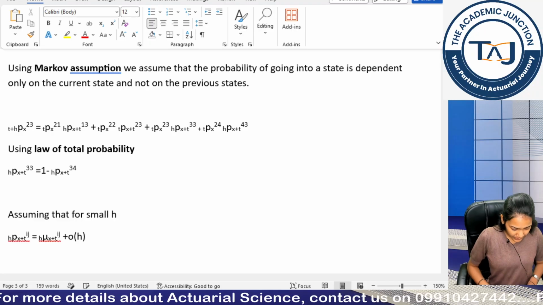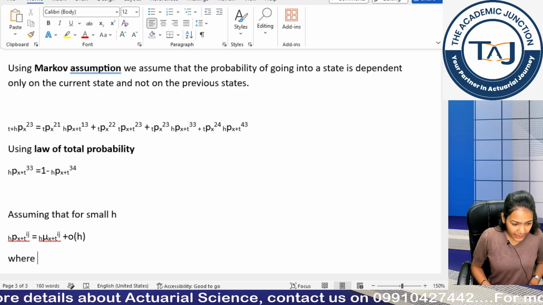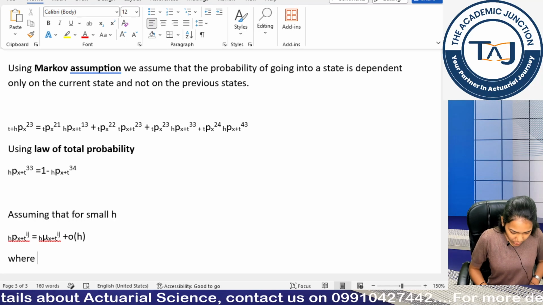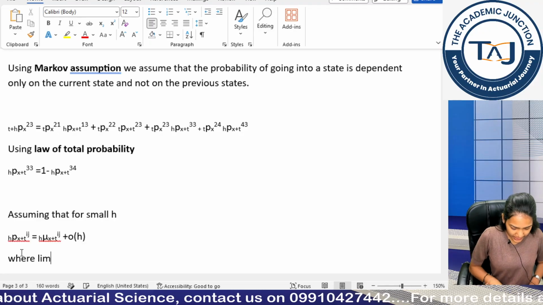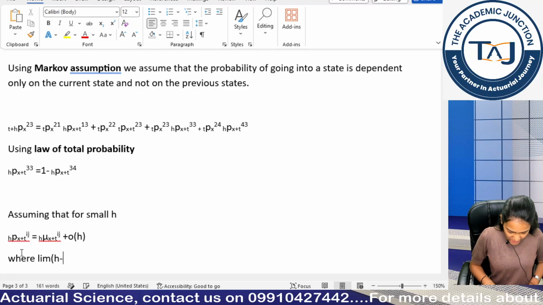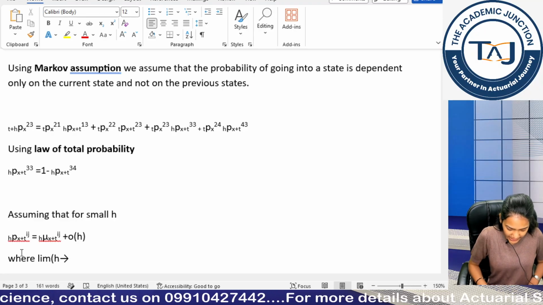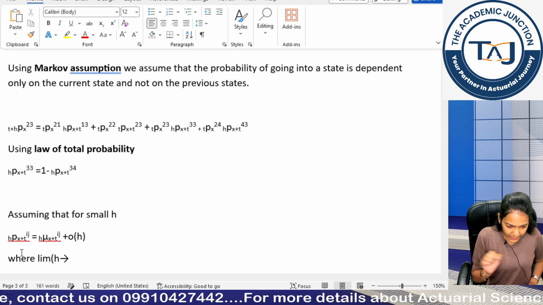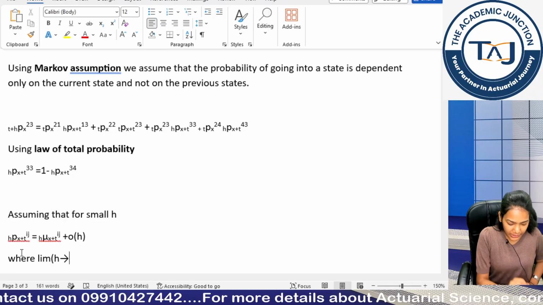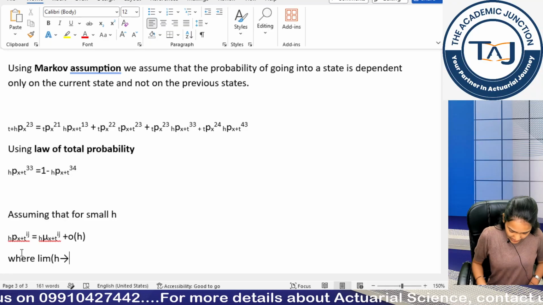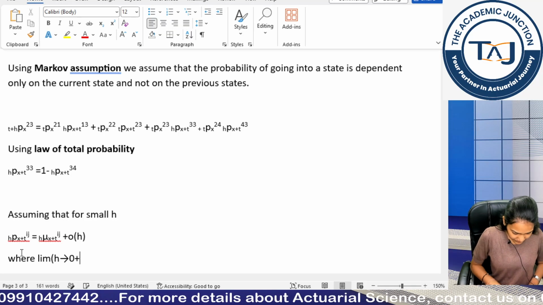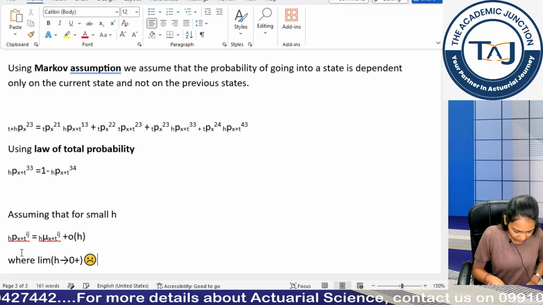Okay? And where my limit is, I'll put limits. Now how to put limits? You have two ways. Either simply write limit h, this is minus and the arrow key, that is greater than sign. Minus greater than sign will simultaneously turn into an arrow. Okay? Then we have 0 plus. Limit over what?